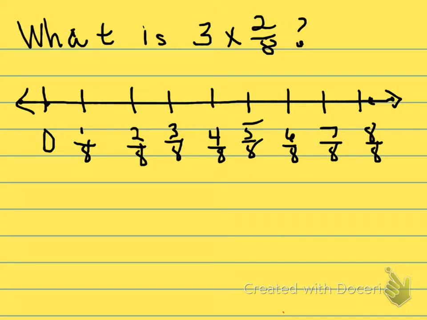Now, how do we represent 3 times 2/8 on the number line? The first jump I'm going to make is from 0 to 2/8. Now, if I jump 2 more eighths, I'm going to jump from 2/8 to 4/8. I'm going to make one more jump from 4/8 to 6/8.